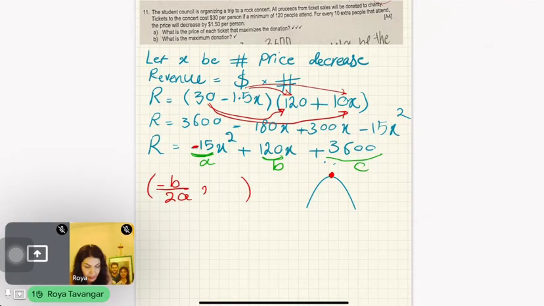So negative b is negative 120 divided by 2a, negative 30, which is equal to 4. So the x of the vertex is 4. And for y of the vertex, we can plug 4 into the equation and calculate y.